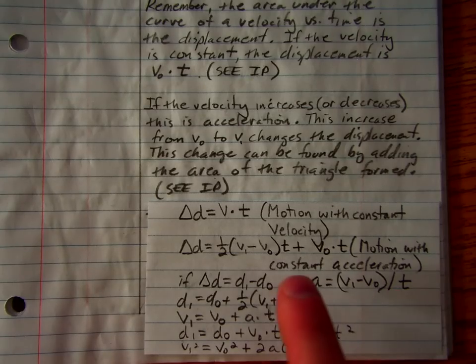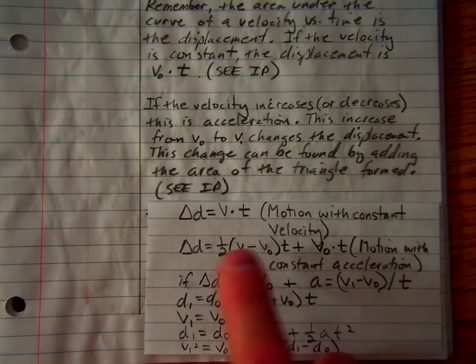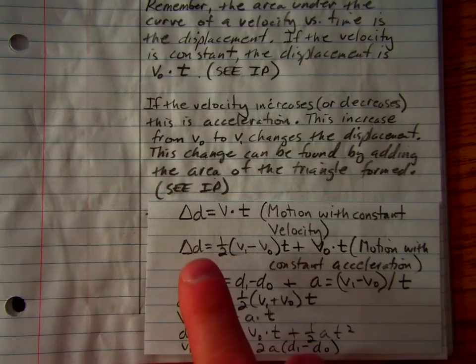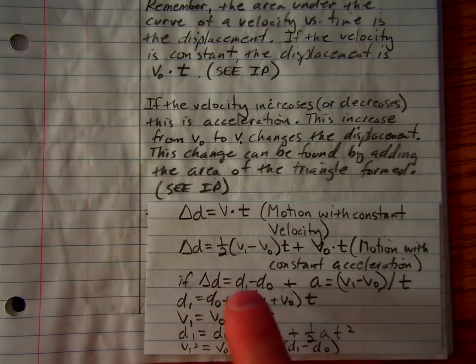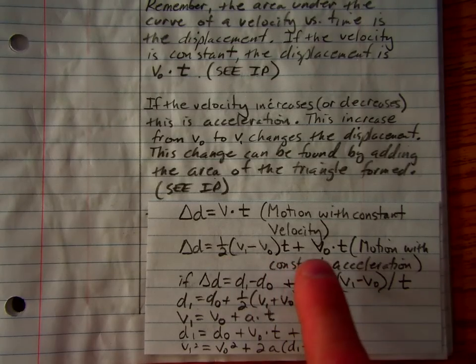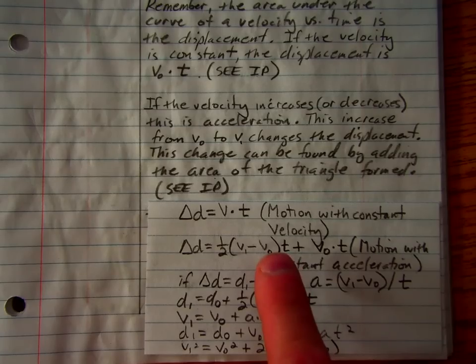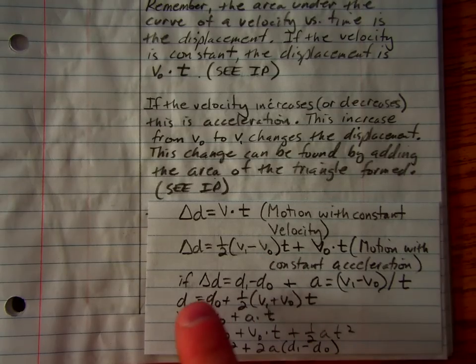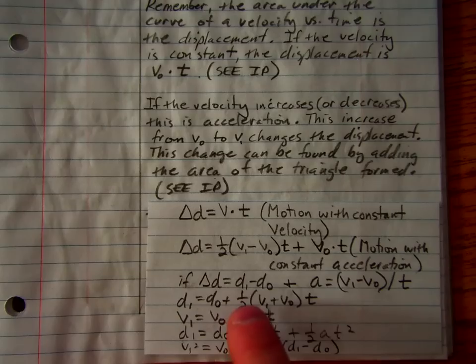Now, if we, first of all, take this equation here, and we replace delta d with d1 minus d0. Also, if we tidy up this right-hand side, we get all the v0s together and all the v1s together, you end up with d1 equals d0 plus 1/2 (v1 plus v0) times t.